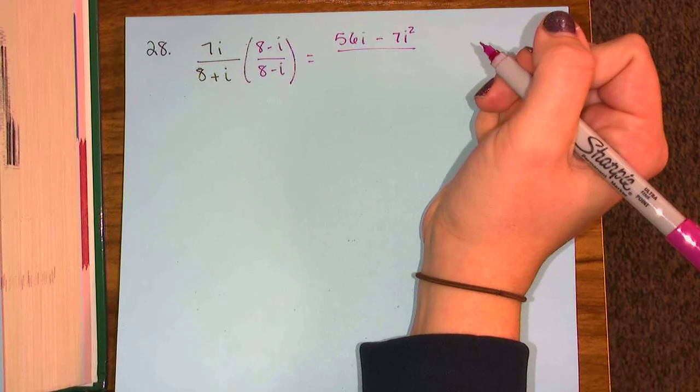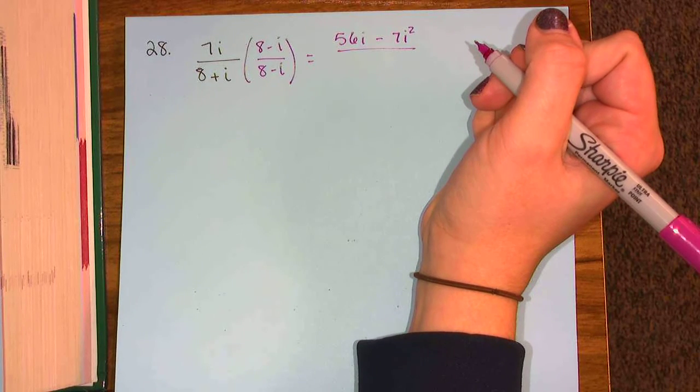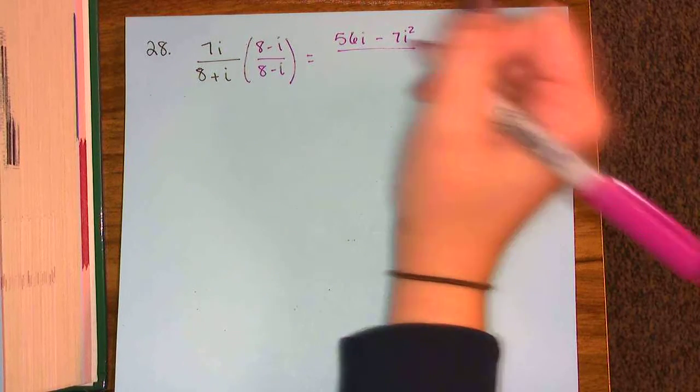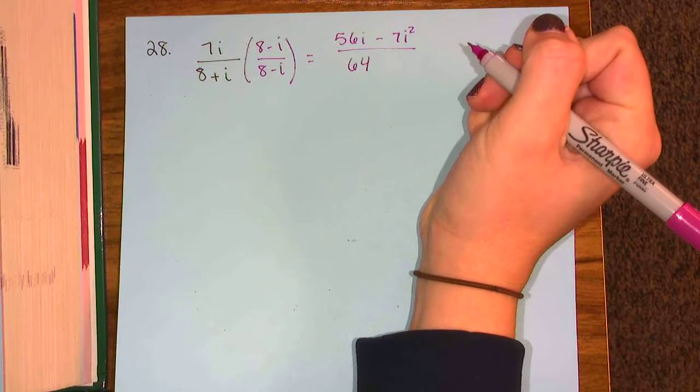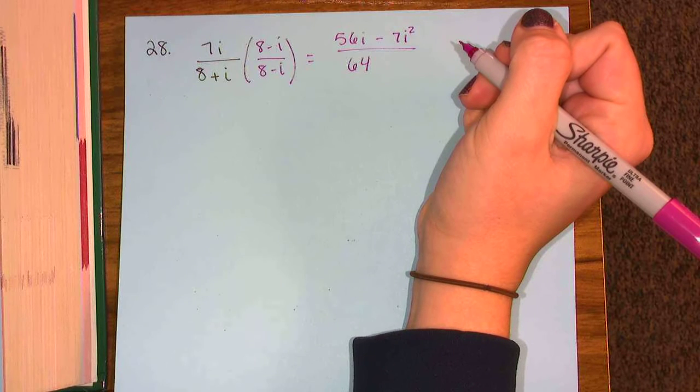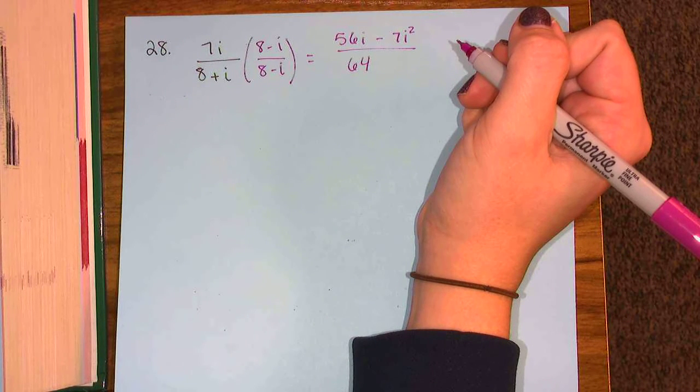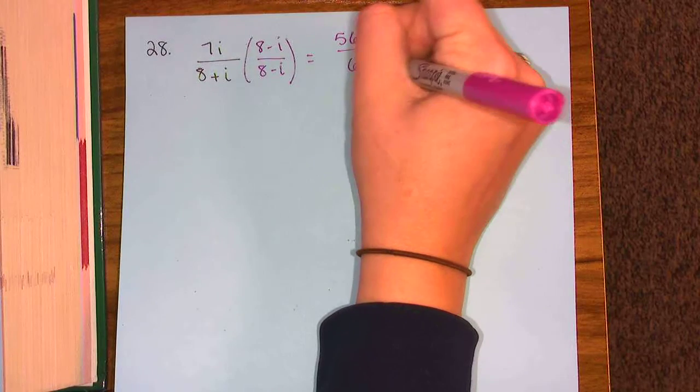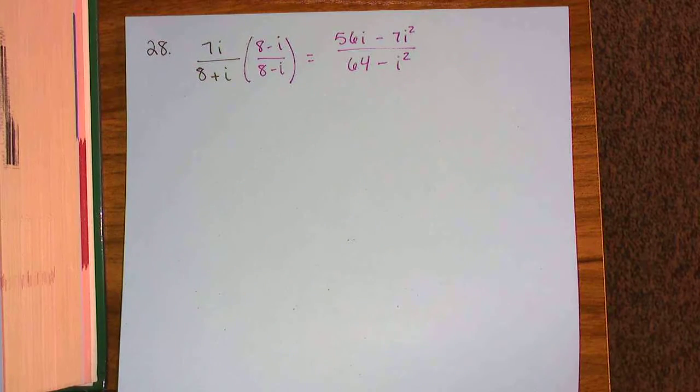Over... just multiply them. No, i is not -1. i squared is -1.